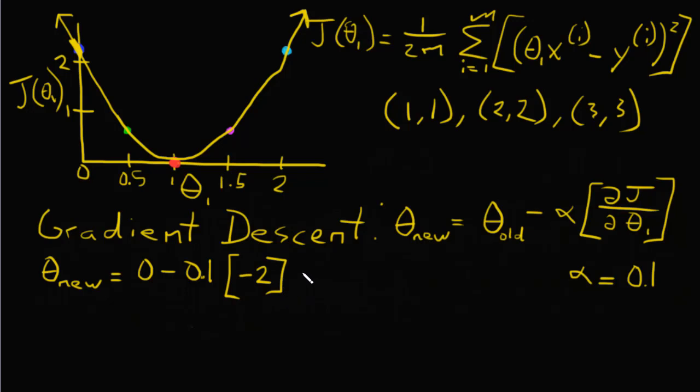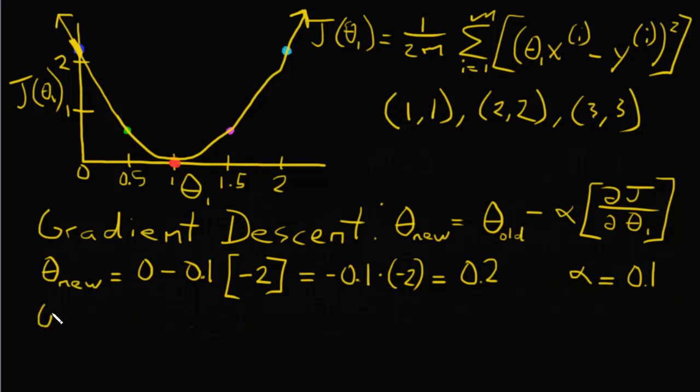Okay? That's going to equal, when I have -0.1 times -2, I'm going to get a new theta value of positive 0.2. So that is going to be what my old theta value is.